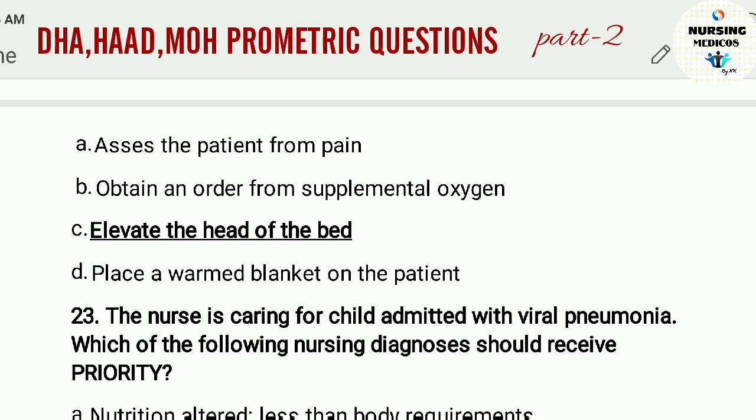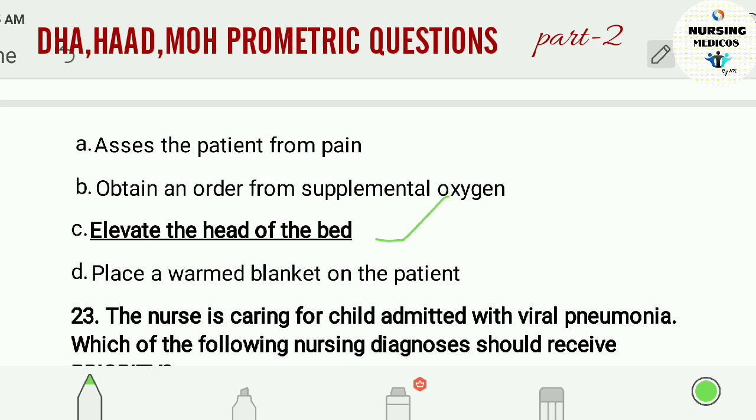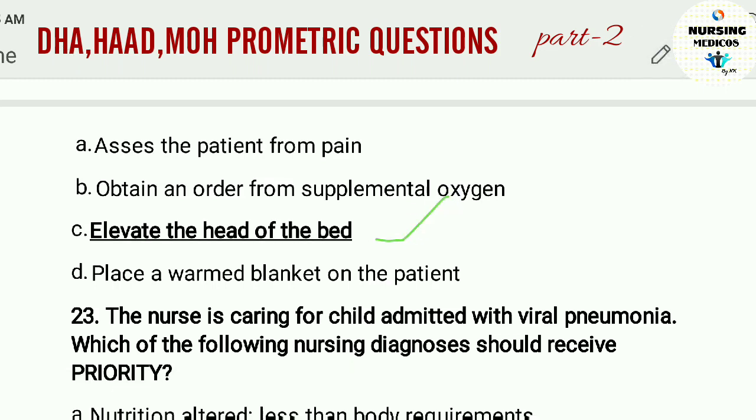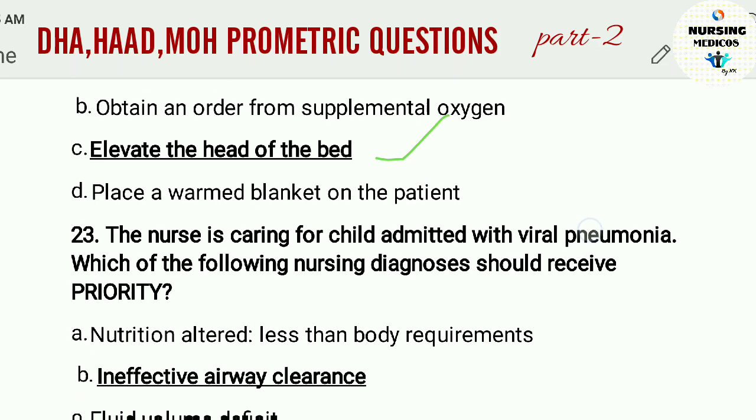B, obtain an order for supplemental oxygen. C, evaluate the head of the bed. And option D, place a warm blanket on the patient. So our answer will be C. We have to evaluate the head of the bed.